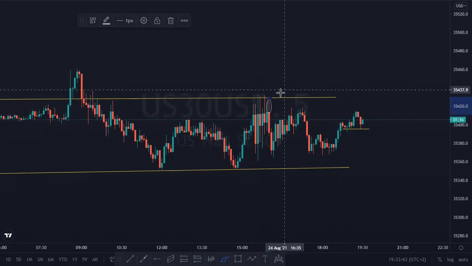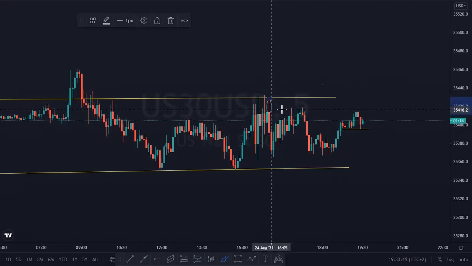What is the next move, guys? Just predict the next candle. If the market closes above these wicks, or even just on these wicks, what does it tell you? It tells you that the market is gonna still push up.